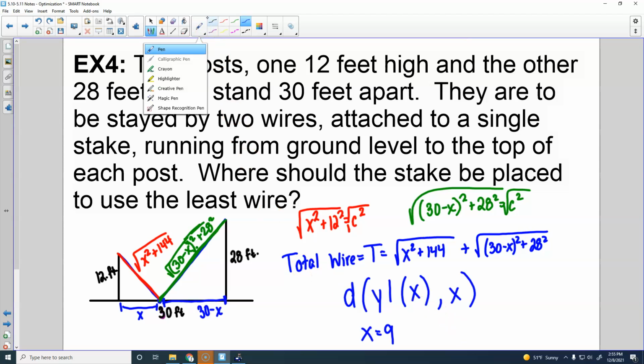So our answer would be 9 feet. Well, it's not letting me write. 9 feet from the 12-foot pole. I was going to write that down, but it's quit on me. All right.